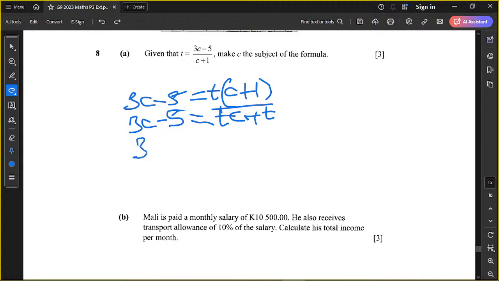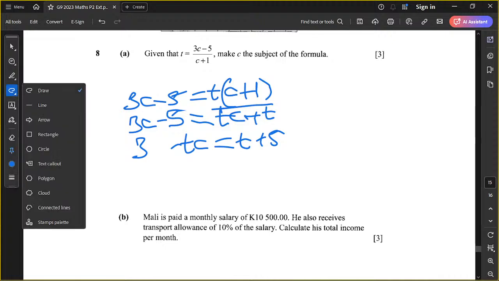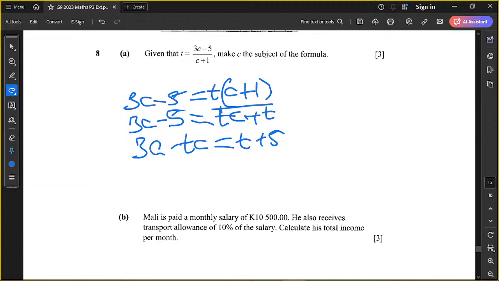Let me say 3c, then tc will come to this side and become minus tc, which is equal to t, then 5 crosses the equal sign and becomes plus. Sorry, what I've written is cx, it's 3c, not 3x.